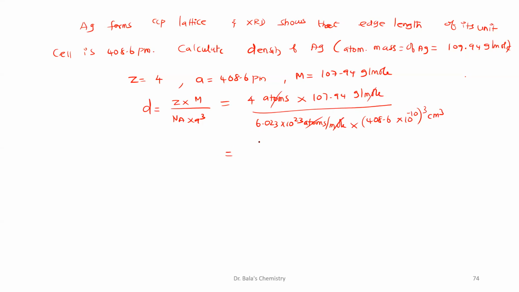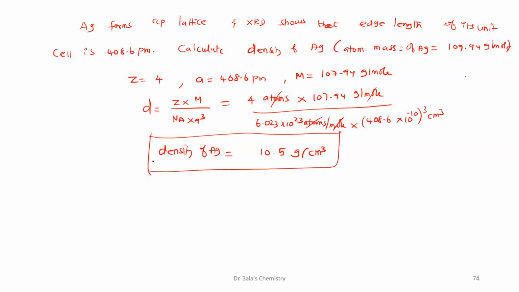Gram per centimeter cube is the remaining one. If you calculate it, you will get 10.5 gram per centimeter cube as the density of silver. So just a direct formula. No need to change anything in the formula. Just substitute the values, then you can get that.